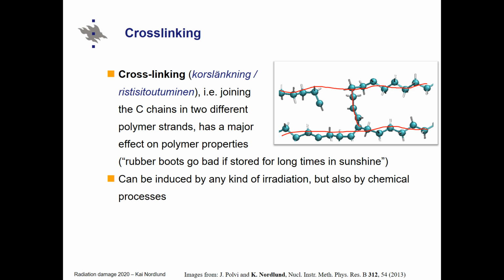The reason for this is that the ultraviolet light from sunlight introduces bond cross-linking, which makes it harder, but at the same time more fragile, which then leads to cracking and bad properties. So it doesn't have to be very exotic.